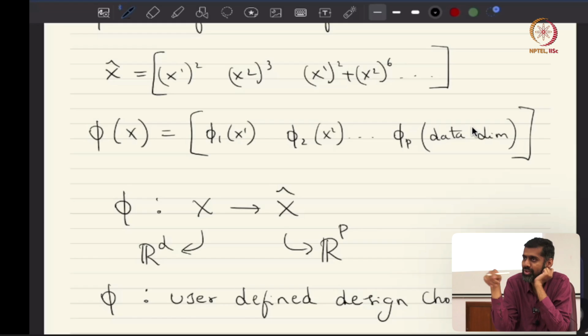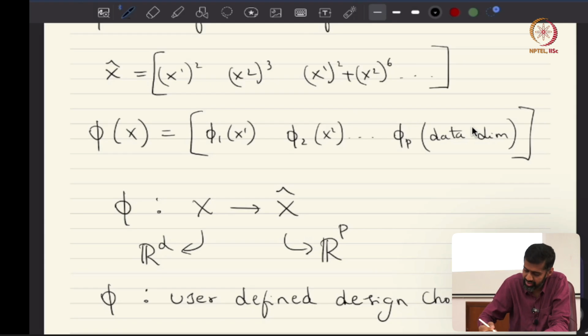Then do ERM using the linearity of models, and whatever was the linear model now becomes a quadratic model. But you are still solving linear regression because you have transformed the data and the model is now linear in the phi space, not in the x space, linear in x cap space. That is why the name generalized linear model. I will take questions in a while.